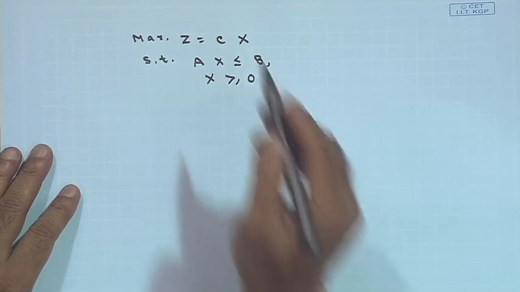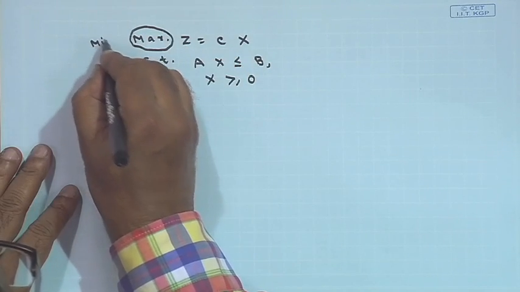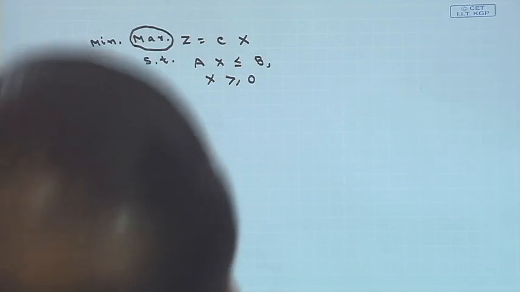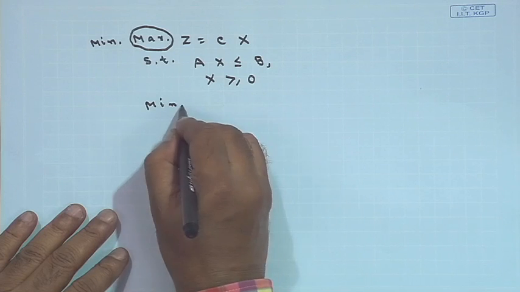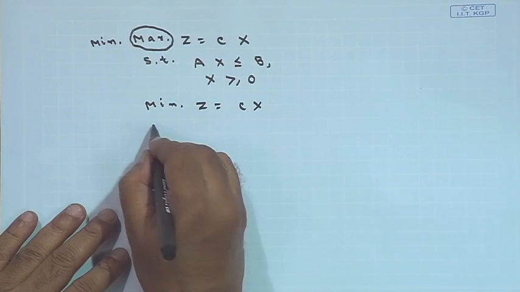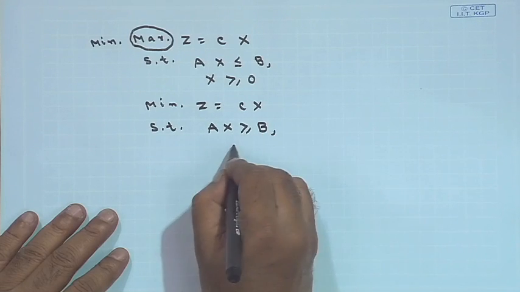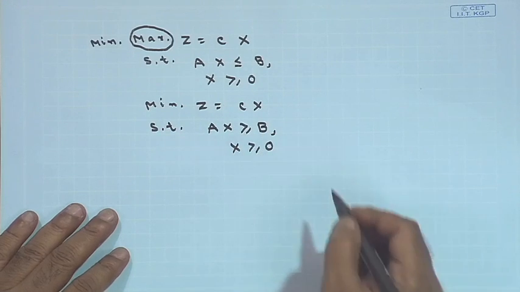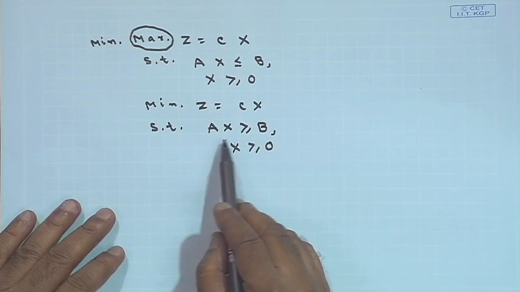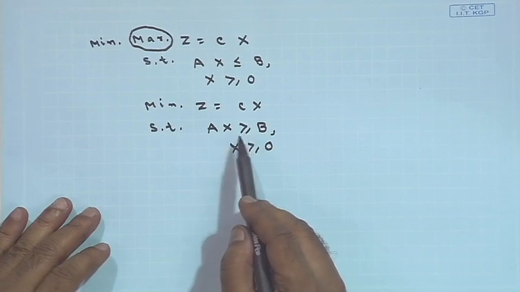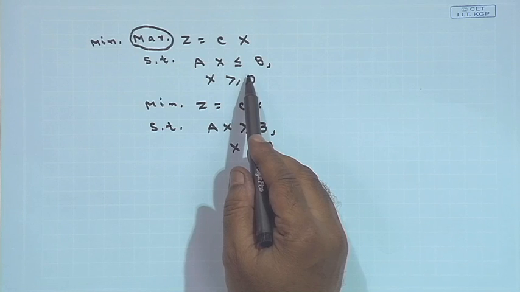And if I have to minimize the problem, then in place of maximize it will be minimize the function, but sometimes in general cases we write minimize Z equals Cx subject to Ax greater than equals B and x greater than equals 0. So, basically for minimization the constraint we are taking is greater than equals, and for maximization we are taking the constraint as less than equals.